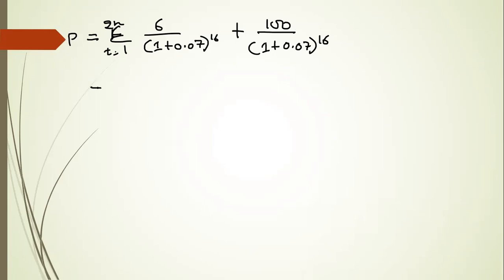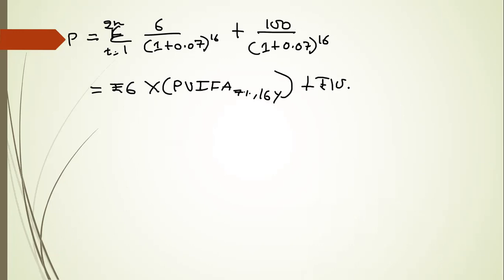So again, I will use here the simplified formula: rupees 6 into present value interest factor annuity 7% for 16, plus rupees 100 into present value interest factor, again 7% for 16.